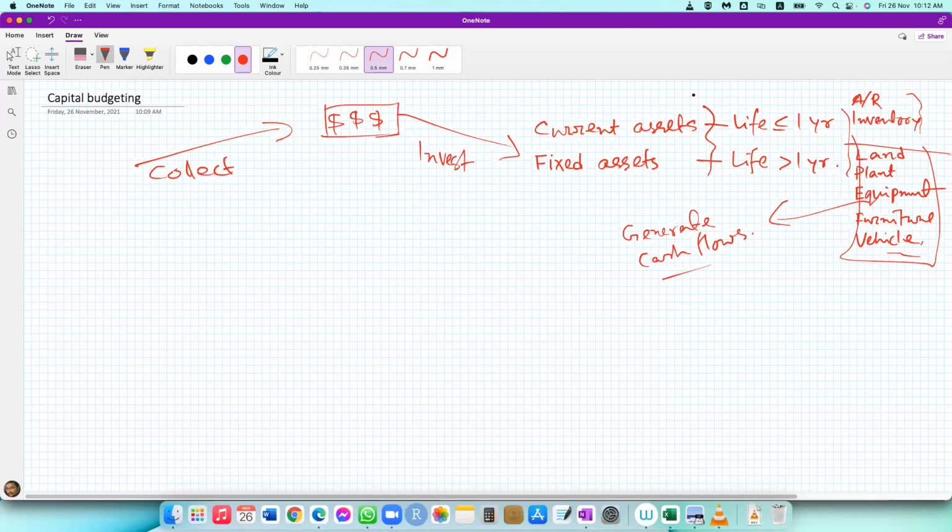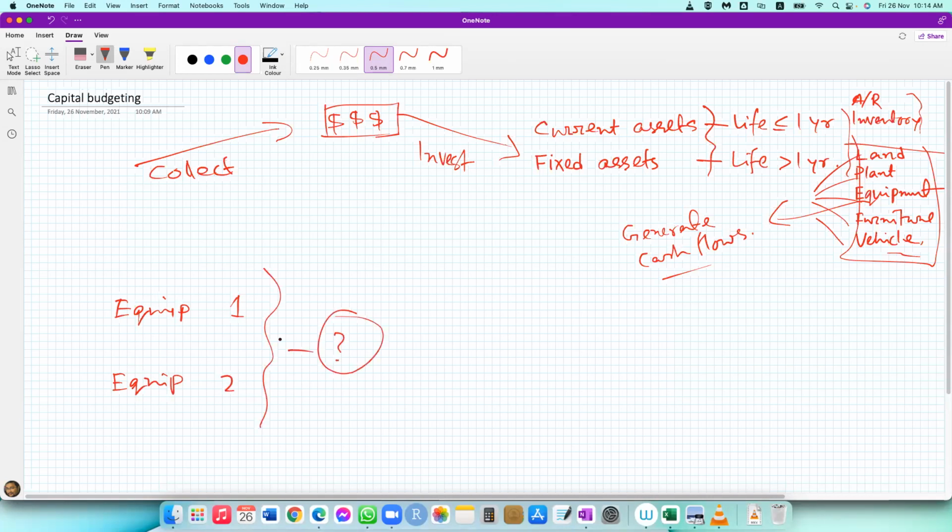Now, when the business organization invests in different types of assets, how do they make the investment? How do they decide whether to invest in equipment 1, I'm not naming the equipment, or invest in equipment 2? In which equipment should be invested?